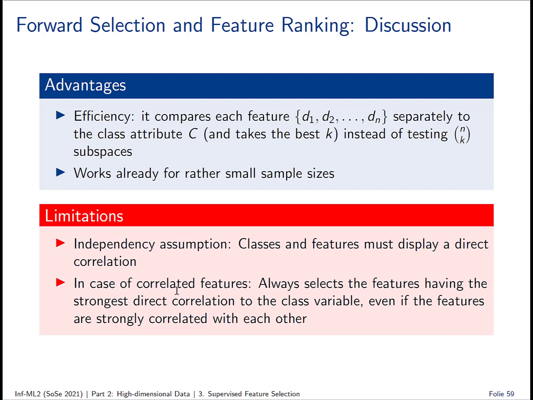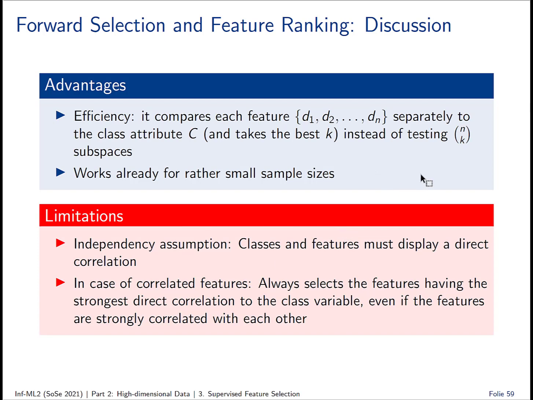Also, redundant features are not identified, because we just measure how strongly each feature is correlated separately to the class label, and we don't consider correlations among the selected features. So we don't consider redundancy among the selected features. But that's how it is.